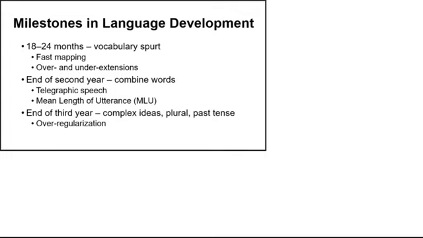Regularization. This is what happens when a child will incorrectly apply a grammar rule to a word that it doesn't really fit with. And this is a big thing in English. We have all sorts of weird ways to plural or change words with tense. If we think about mouse, and the plural is mice, whereas the rules would probably tell us that it should be something like mouses.